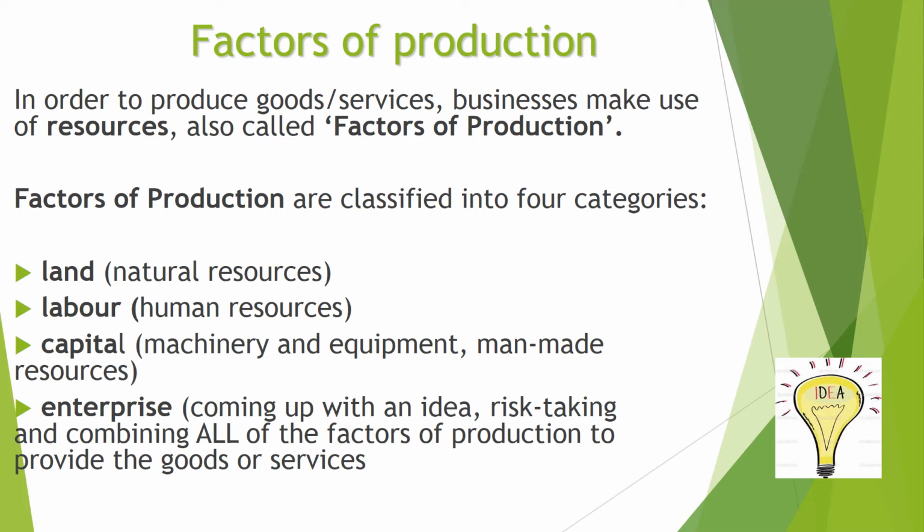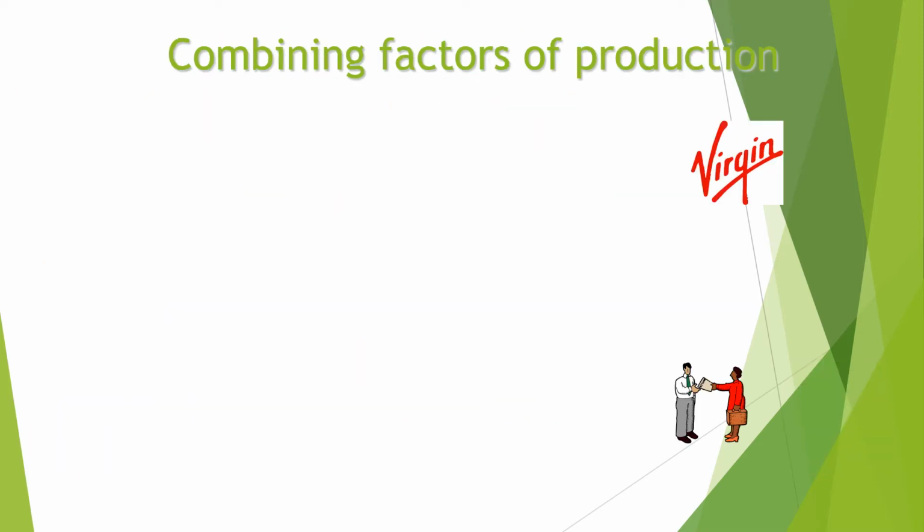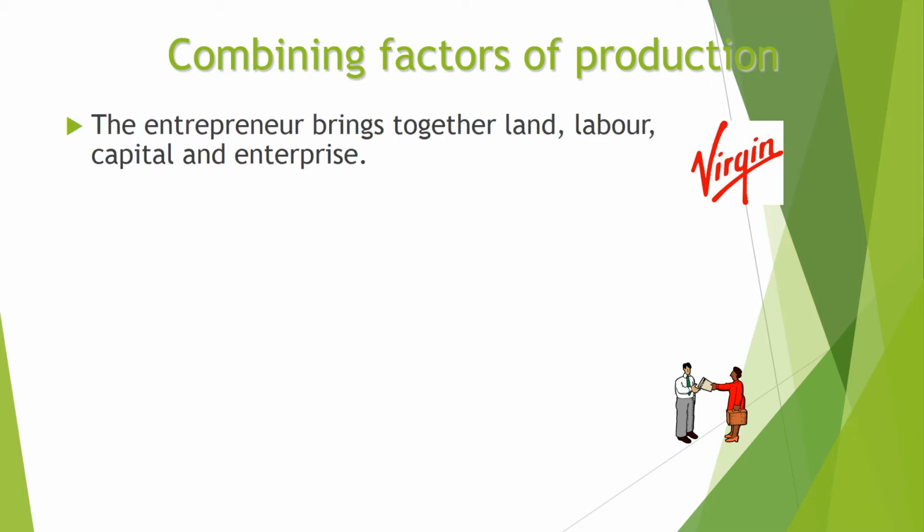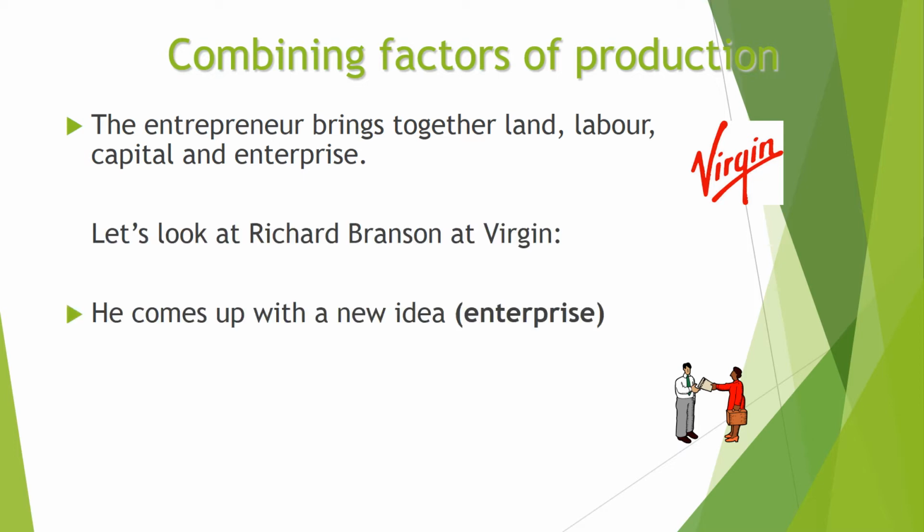So as I say, we take this back to your famous entrepreneur. You don't have to be famous to be an entrepreneur, but there are lots of them out there, and that's what you did your little research task on a couple of weeks ago. Just using an example of Richard Branson and Virgin, entrepreneurs are combining these factors of production. So Richard Branson came up with his idea.